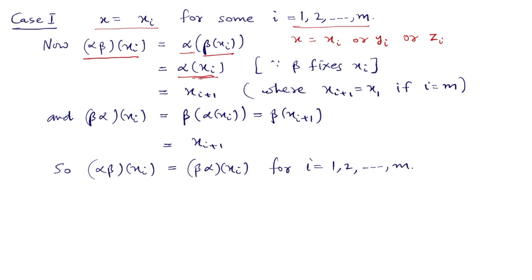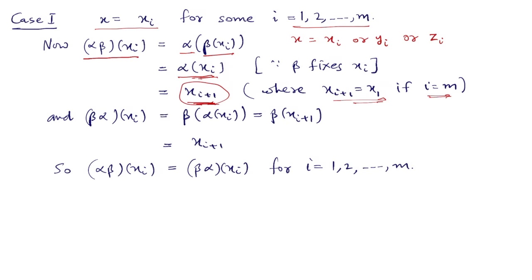It changes x1 to x2, x2 to x3 and so on, and lastly xm to x1. So let us write alpha of xi equal to x(i+1), with the understanding that when i is m, x(m+1) is simply x1. So under alpha beta, xi goes to x(i+1).